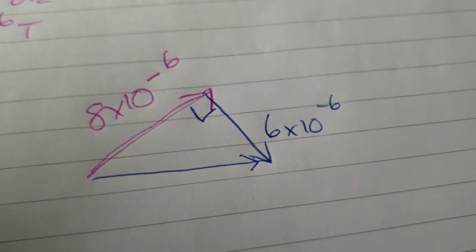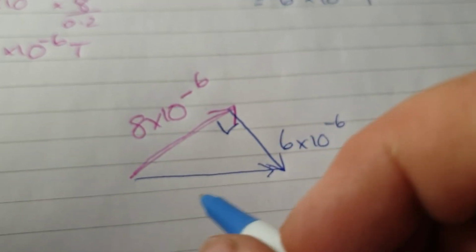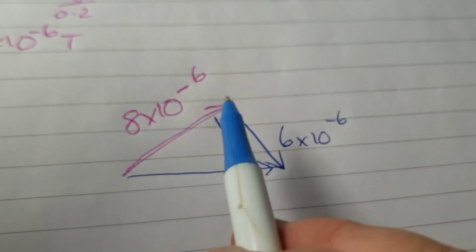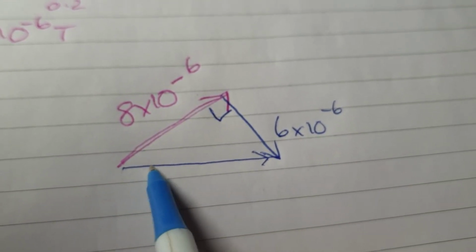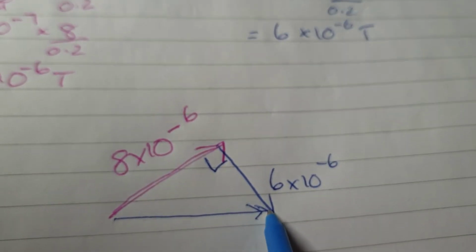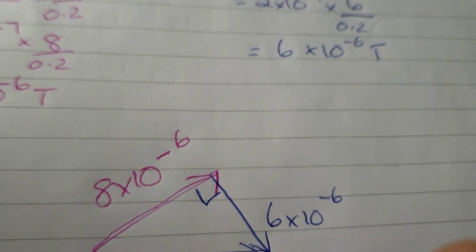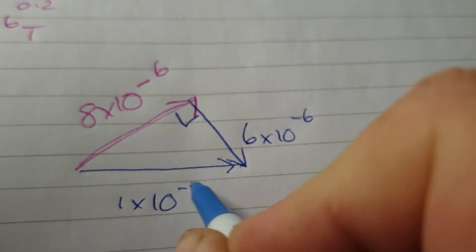I'm having technical difficulties with the drawing. Righto, so we can work this out using Pythagoras, and it will come to 1 by 10 to the minus 5 Teslas.